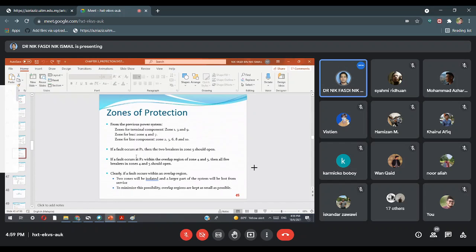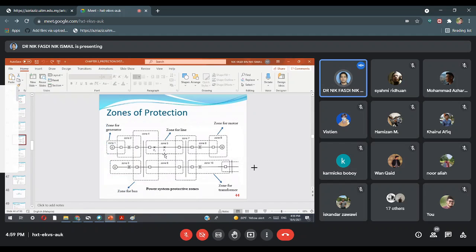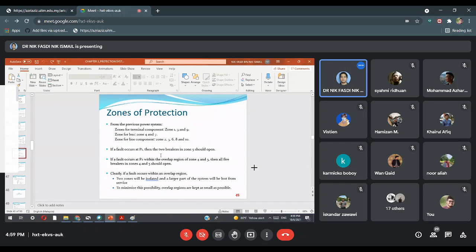Dia tengok kat situ. If a fault occurs at P1, then the two breakers in zone 5 should open. Contoh kalau berlaku fault kat sini, breaker dalam zone 5 ni dia akan open. Okay. If fault occurs at P2 within the overlap region, zones 4 and 5, then all 5 breakers in zones 4 and 5 open.